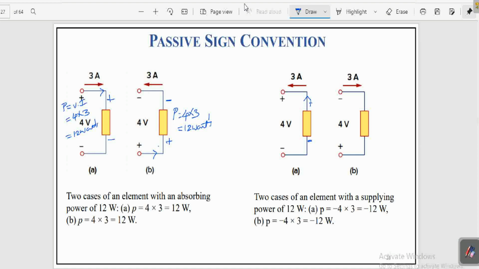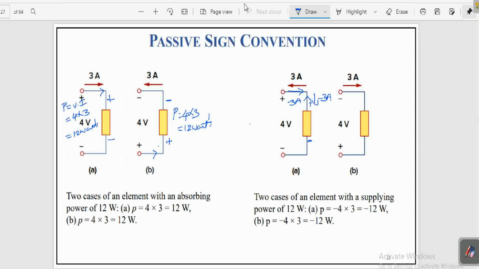Here 3 amps current is leaving from the positive terminal. If I consider minus 3 amps, the direction becomes like this. So minus 3 amps current enters into the positive terminal of the voltage.